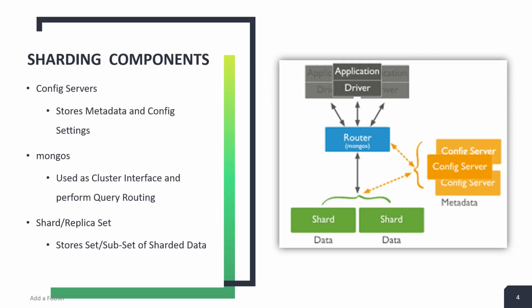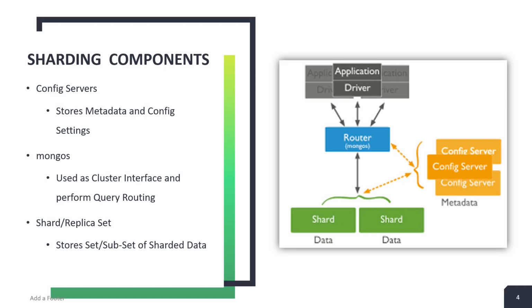Sharding has three important components. First one is the config servers. The config server stores the metadata and the configuration information about that particular sharded cluster. This is similar to a CRS in Oracle, where it stores the cluster registry information. The second one is a MongoS, which is a Mongo shard cluster interface, which is used to perform the query routing.